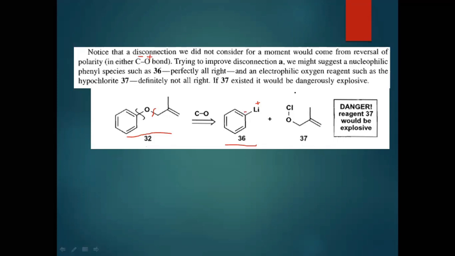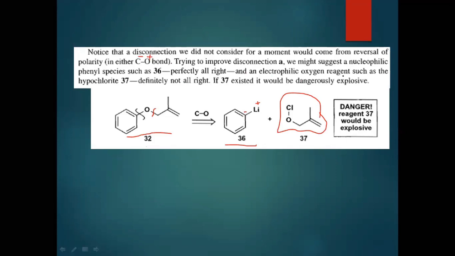You need to think about the next reagent in order to reconstruct this target molecule. Improving the disconnection, we might suggest a nucleophilic phenyl species such as 36. Perfectly all right. This reagent is commercially available and you can use it.